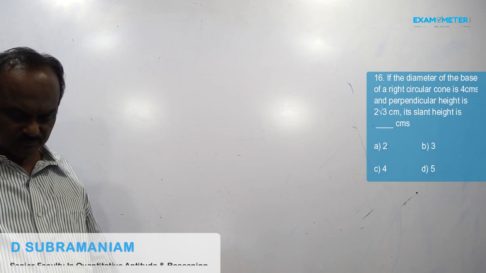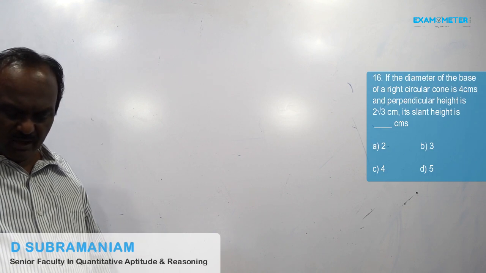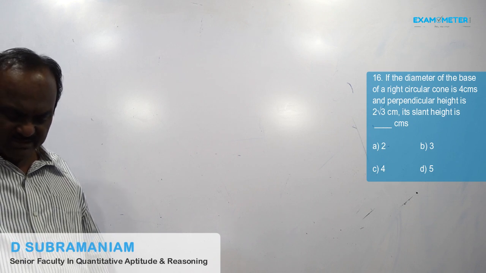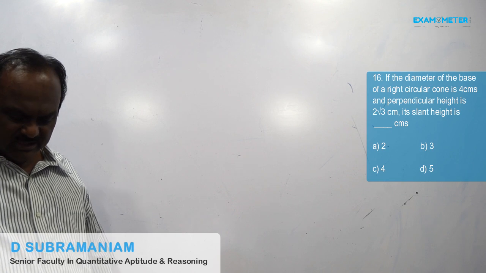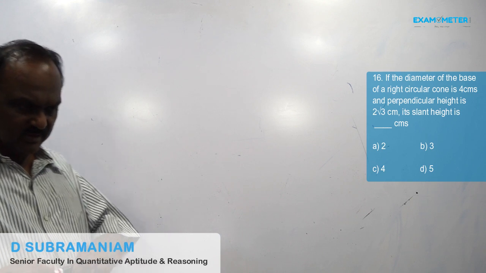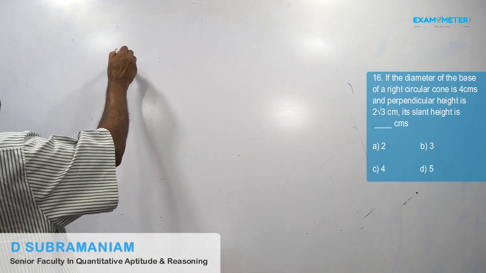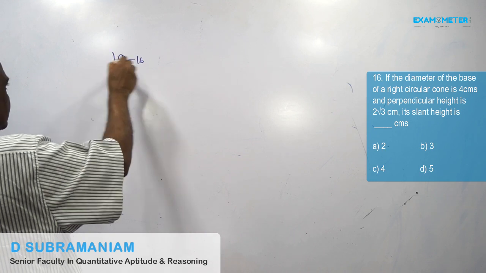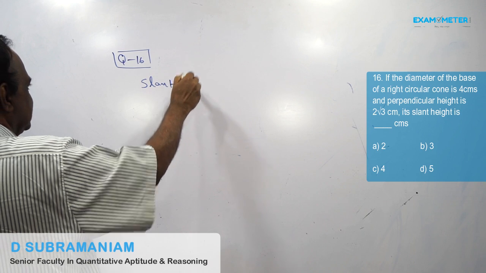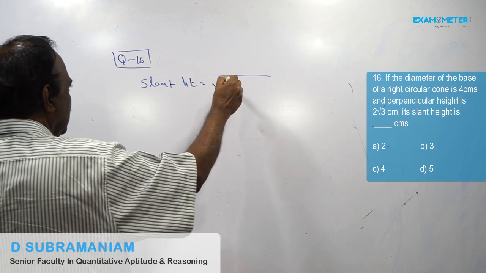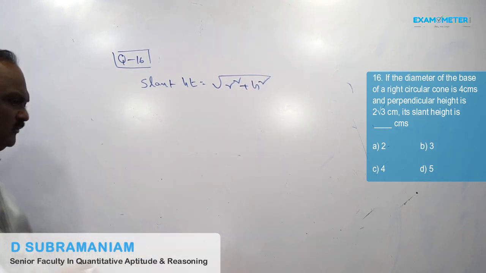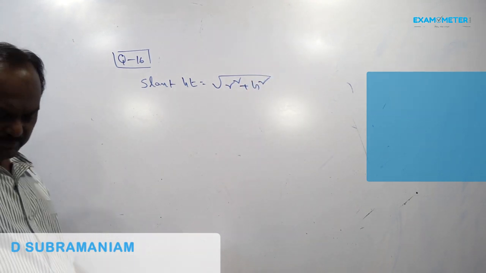16th problem. If the diameter of the base of a right circular cone is 4 centimeters and its perpendicular height is 2 root 3 centimeters, its slant height is? Slant height is equal to root of r square plus h square.